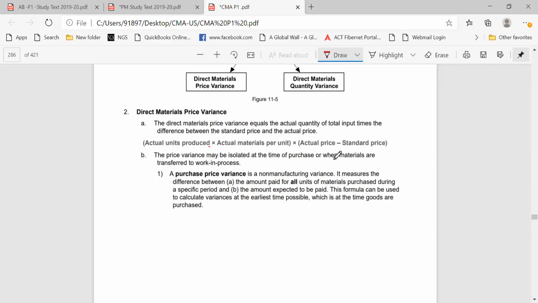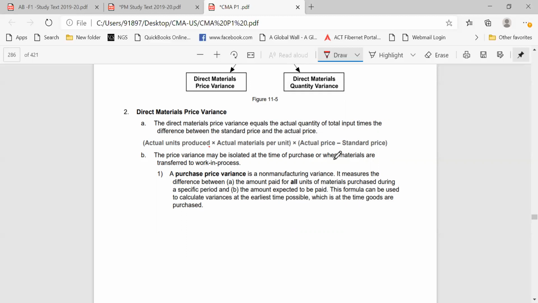Actual units produced into actual materials per unit, minus actual units produced into standard materials per unit. All right, this is right.